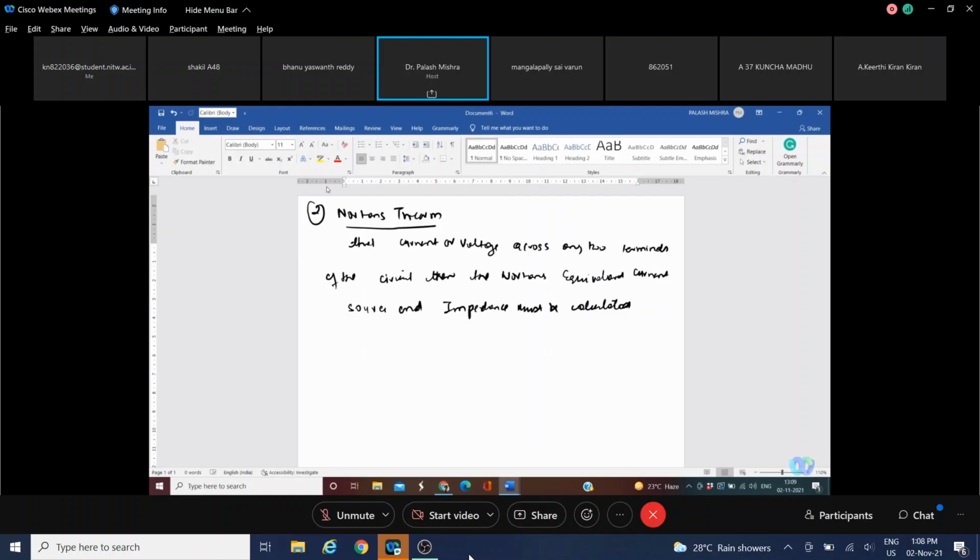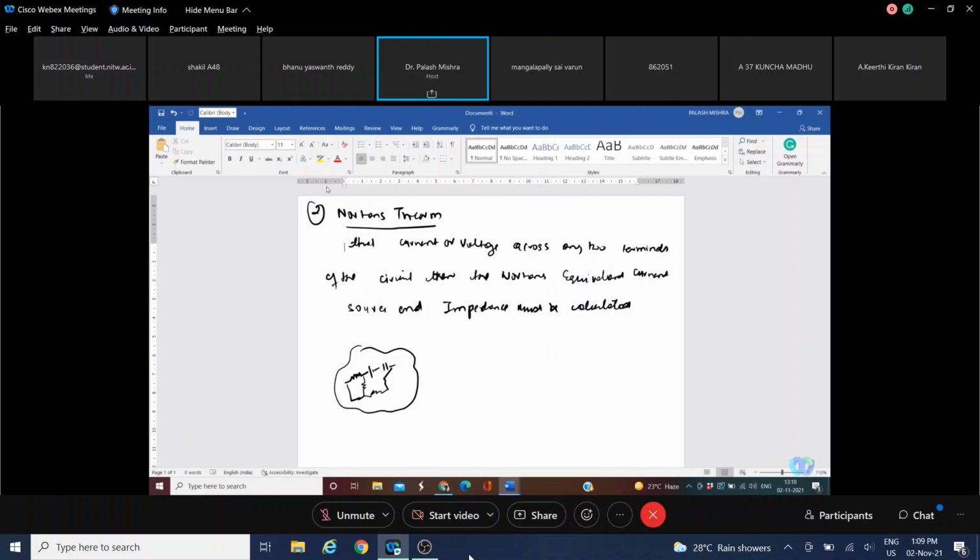Suppose you have some network, any network you can assume. It may have a battery or a capacitor or any kind of network, any combination of elements. There is no fixed combination. Any combination of voltage or current sources, dependent, independent, everything, whatever you can think of in circuit analysis.